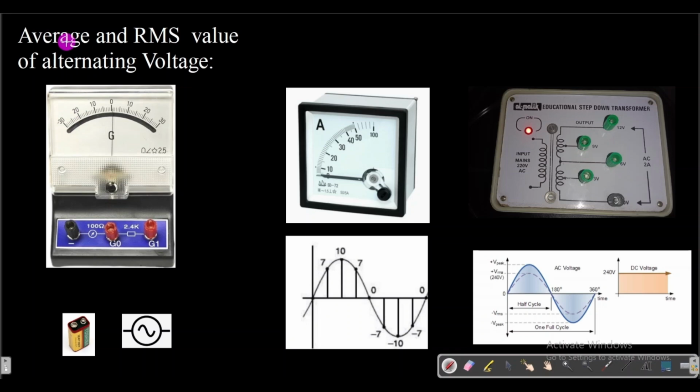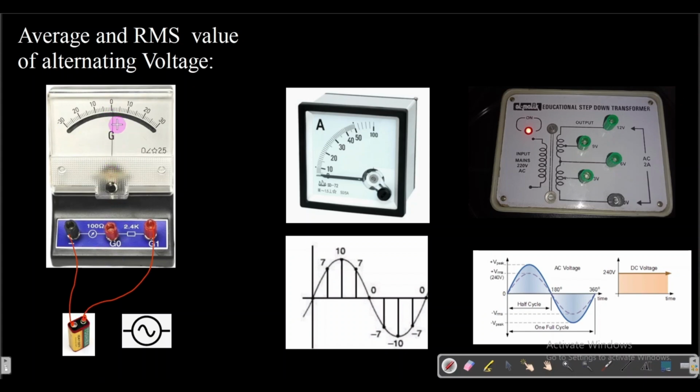Today we will discuss the average and RMS value of alternating current. This is the device which is used for detection of small current. If we connect one probe of this galvanometer with the positive terminal of the DC supply and the other probe with the negative terminal, the current of this DC supply will be shown by the needle of the galvanometer.